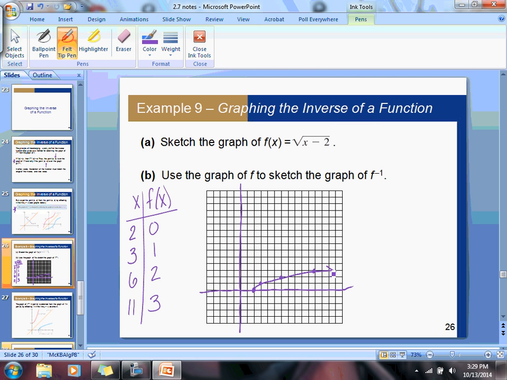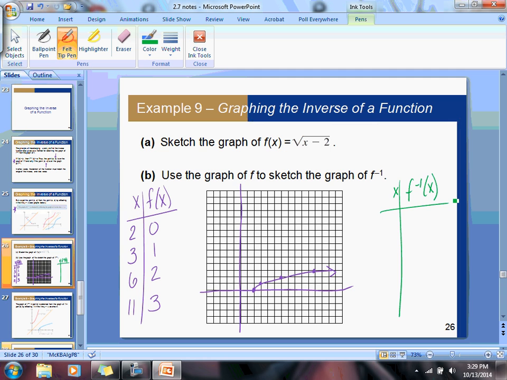It's a square root function. Looks like half a parabola opening up on its side. And then part B says use the graph to make the graph of f to the negative 1. So we want to do the inverse now. So I'm going to have x and then f to the negative 1 of x.